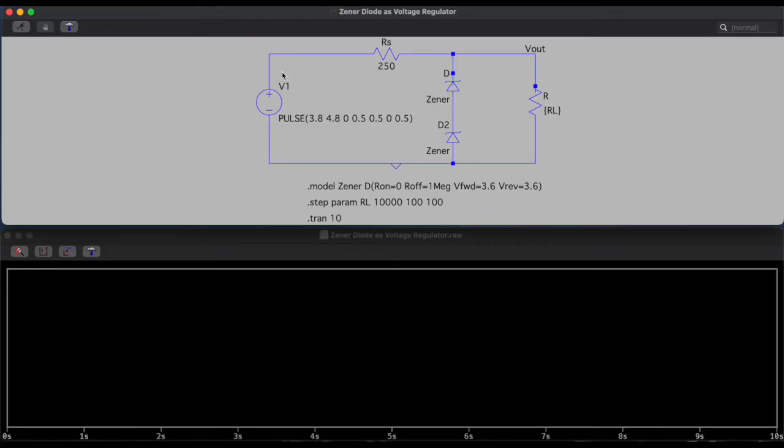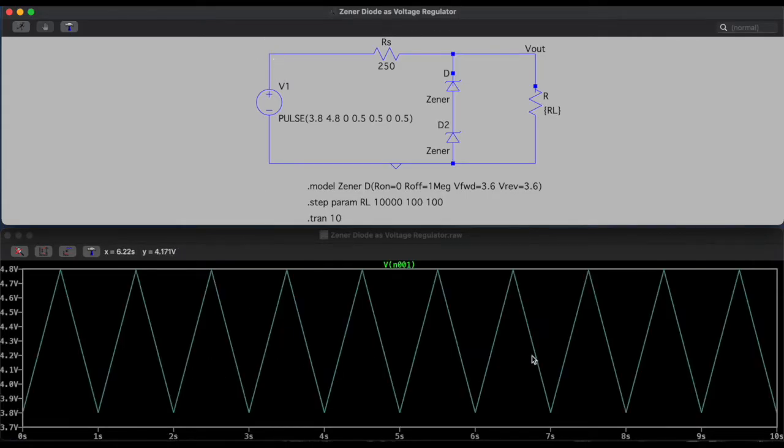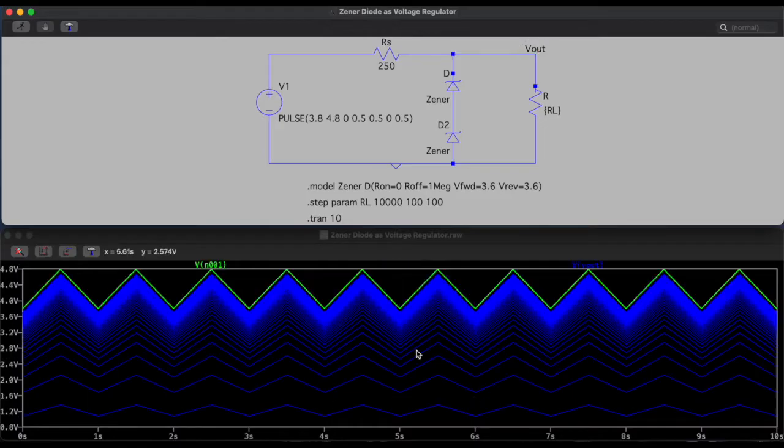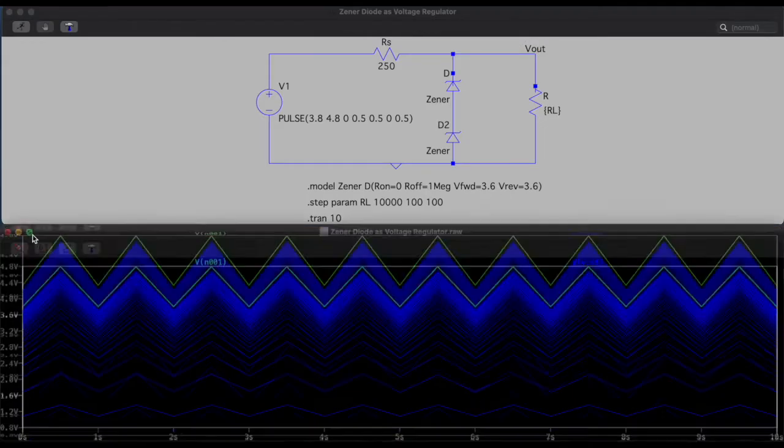So let's see the triangular wave of input voltage and also output voltage. This is the triangular wave of input voltage, and this blue one is the triangular wave of output voltage across the load resistor. Let's zoom in and see. As you can see, there is no slope in the triangular wave of output voltage as we saw in the previous circuit, and the blue one has not reached the breakdown voltage of 7.2 volt because our load resistor is from 100 ohm to 10 kilo ohm.